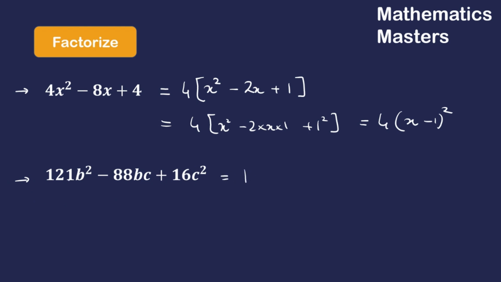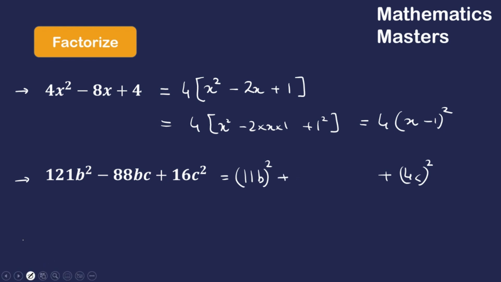121b square can be written as a square. Which number's square is 121? The 11. So (11b) the whole square, I can write 121. And then 16c square I can write as (4c) the whole square, because the square of 4 is 16, and the square of c is c square.